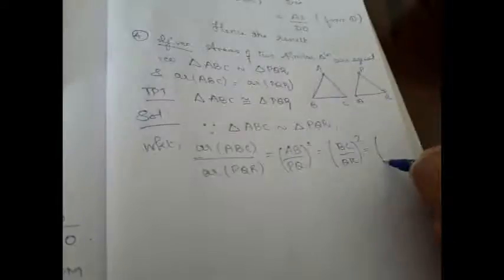So, (AB by PQ) the whole square, which is the same as (BC by QR) the whole square, which is the same as (AC divided by PR) the whole square, right?